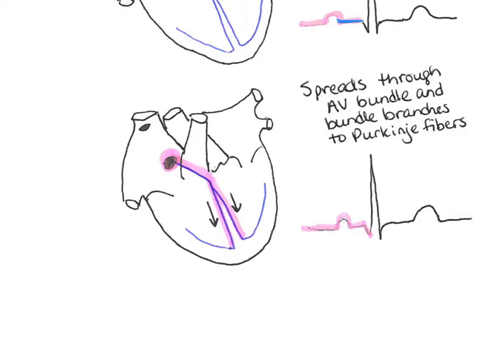So it starts to spread those action potentials down through that AV bundle, then down through those bundle branches, and they go down through that interventricular septum. Right? So as that is being spread down that interventricular septum, we see that QRS complex starting, right?